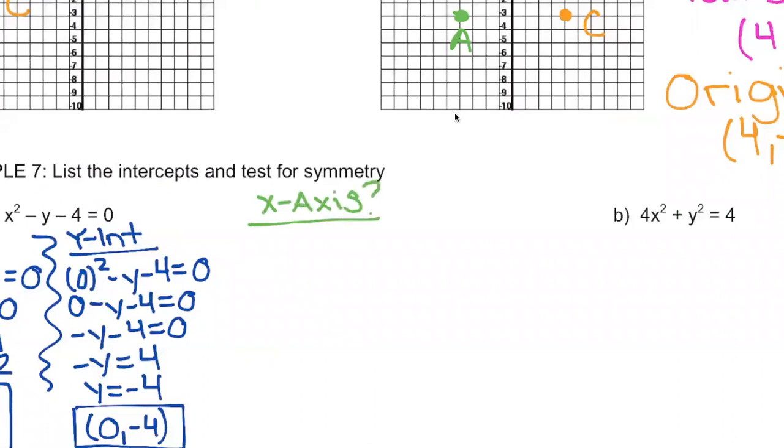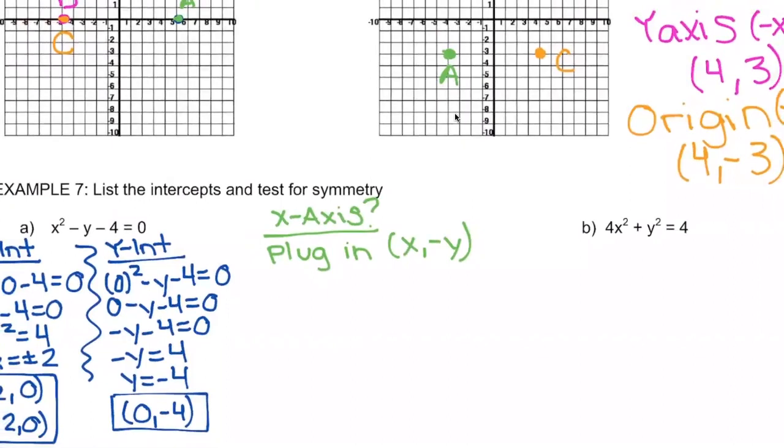Let's find out. For the x-axis, don't forget you're plugging in x, negative y, because it reflects over the x, so it changes the y here, okay? So in your original equation, you're going to go ahead and plug in x for x, and then you're going to be plugging in negative y for y here.